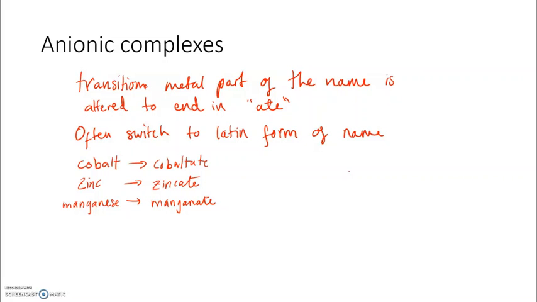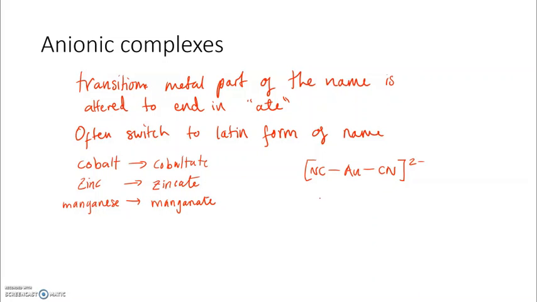Now, what if, though, you had a complex that looked like this? Well, in this case, because we've got gold, and you can see from the symbol for gold that the symbol is not derived from an English name, it's derived from a Latin name.